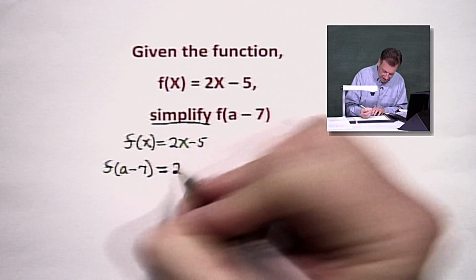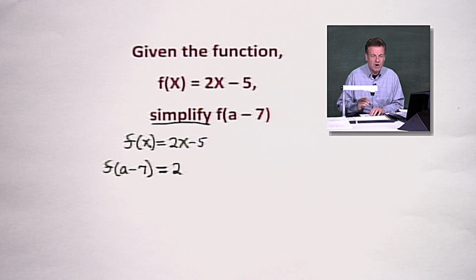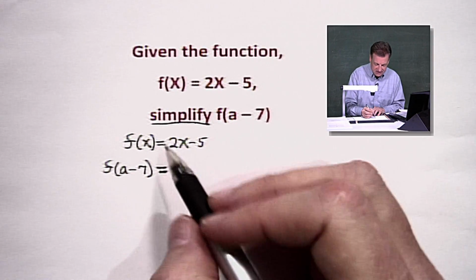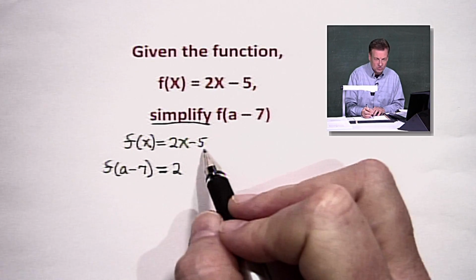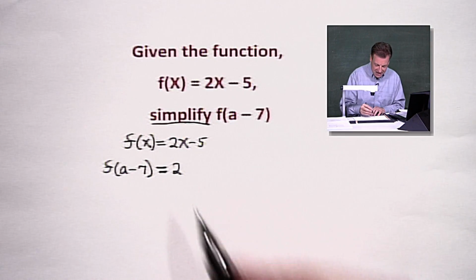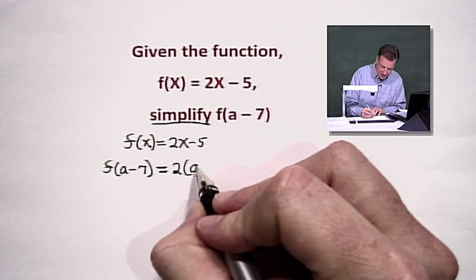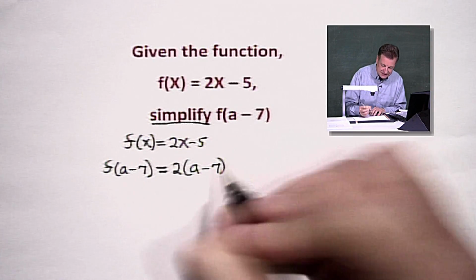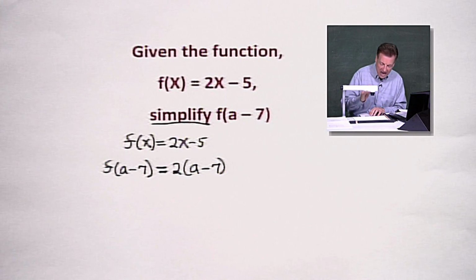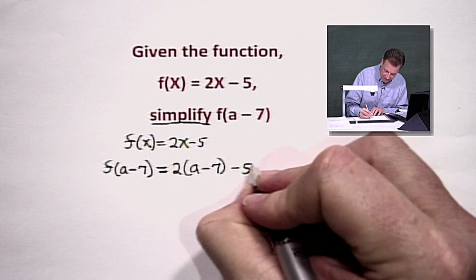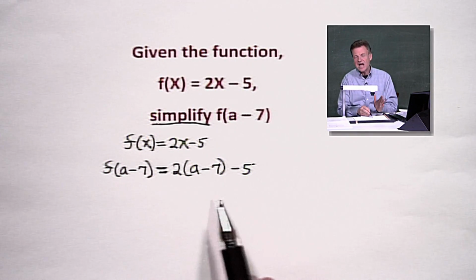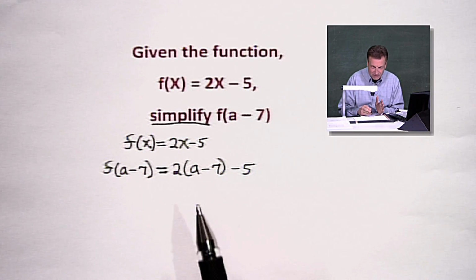And we're going to keep our 2 because that's part of the expression. So the rule is basically say 2 times the value of x, we'll subtract 5 from whatever we're getting. Now we're going to put in the expression a minus 7 right there and subtract 5 from that. So as you can tell, a is not going to disappear. It's going to pop up for us, all right?